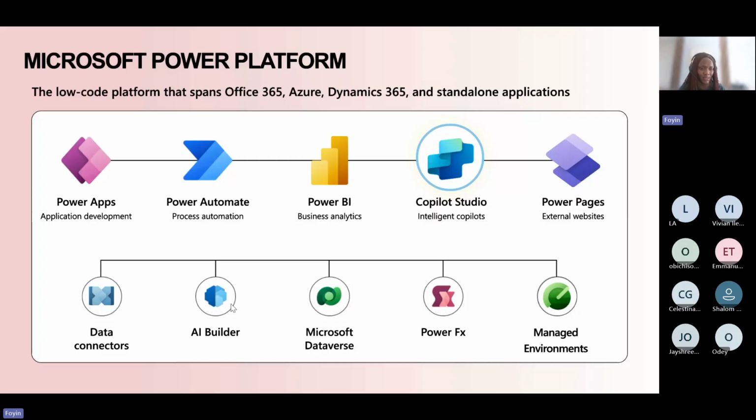AI Builder is Microsoft's AI model that has different out of the box models for things like form extraction, OCR, optical character recognition. So you have an invoice, you want to get all of the data out of that rather than typing manually. You can use one of the out of the box models here to just get the document scanned, to extract everything and automatically feed it into the fields. So that's one of the examples among many others.